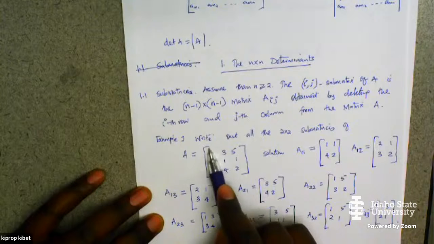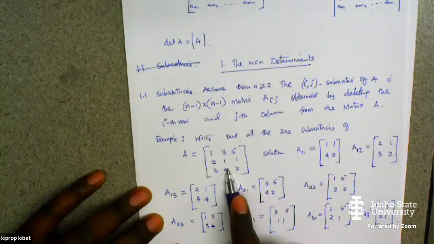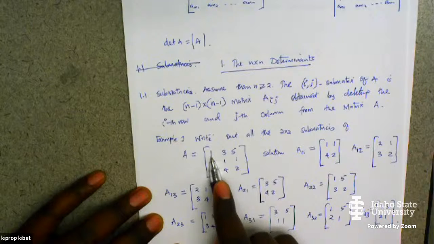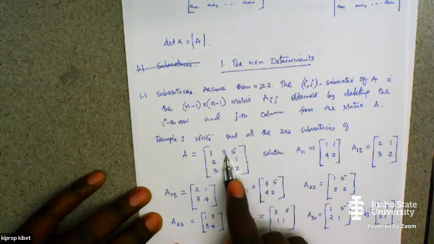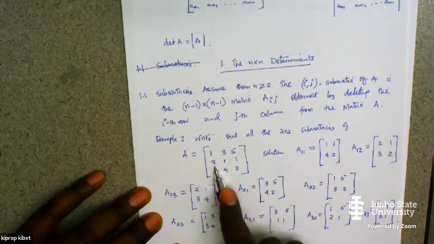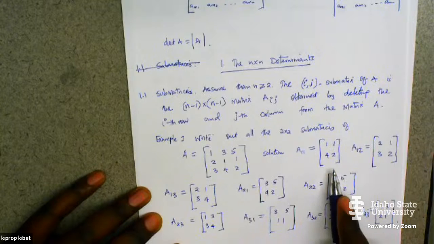We take this value and multiply by the determinant of the submatrix. So it is 1 multiplied by the submatrix A11. Go to the second one, 3 multiplied by the determinant of the second submatrix where you deleted the corresponding row and column.